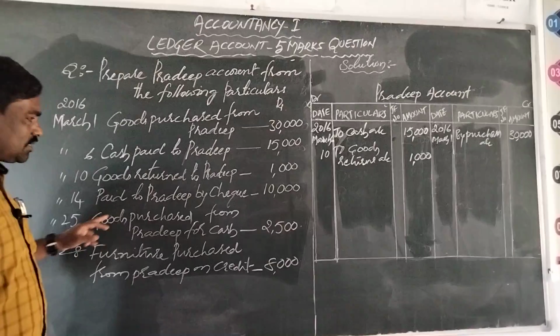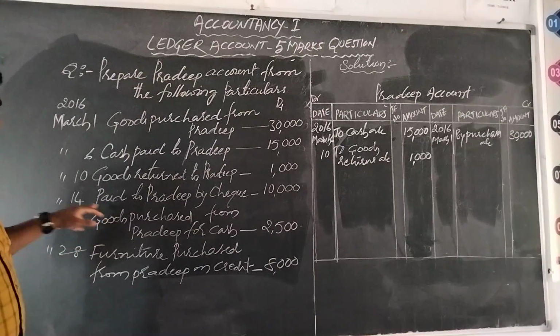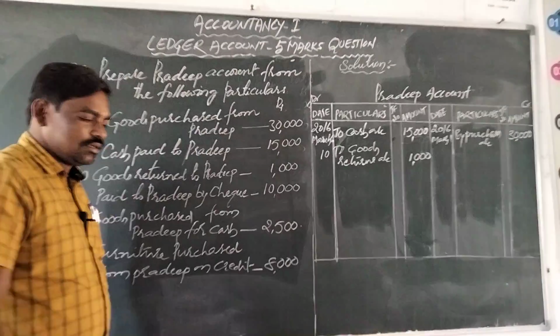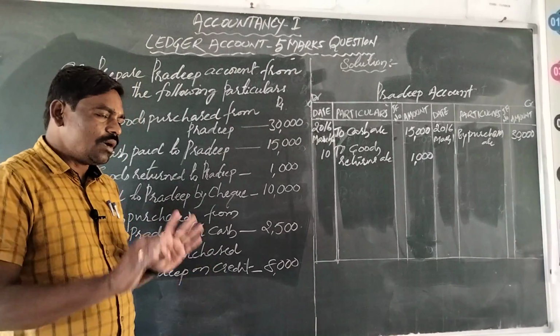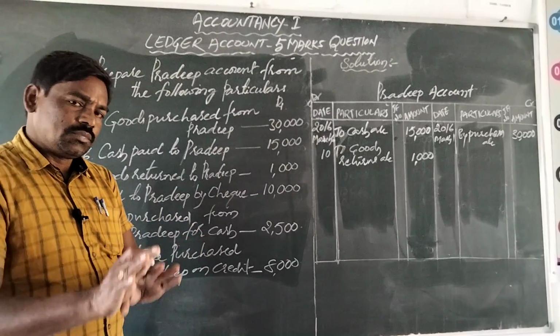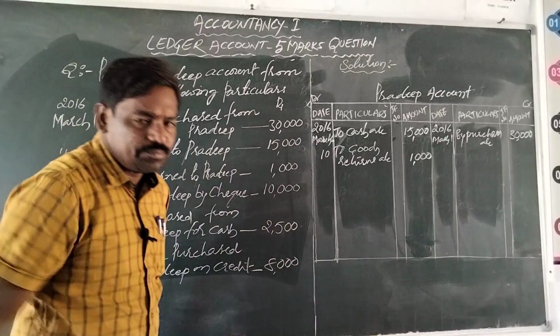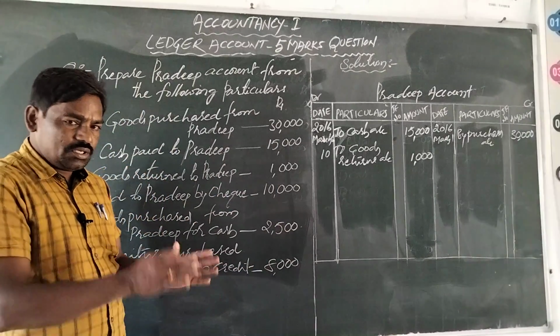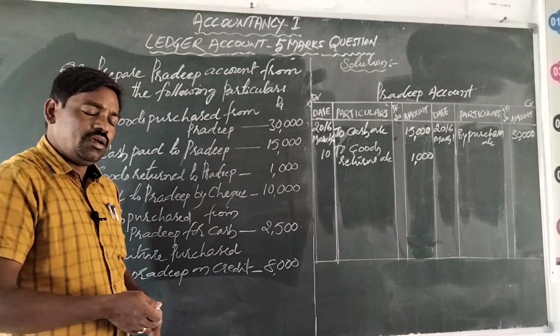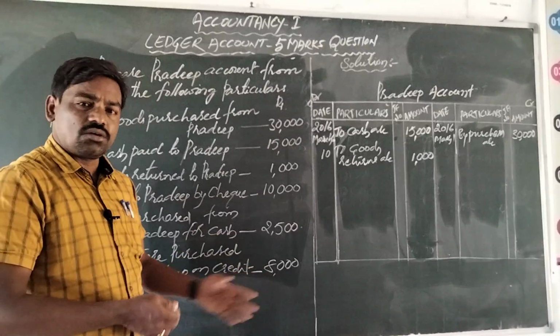And come to the next transaction, that is 14th March. Paid to Pradeep by check. Here again, is Pradeep the receiver or the giver? When we give the check to Mr. Pradeep, Pradeep is the receiver. The receiver account should be debited as per the personal account principle.